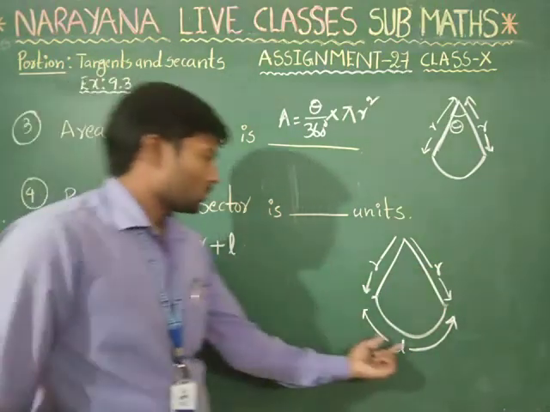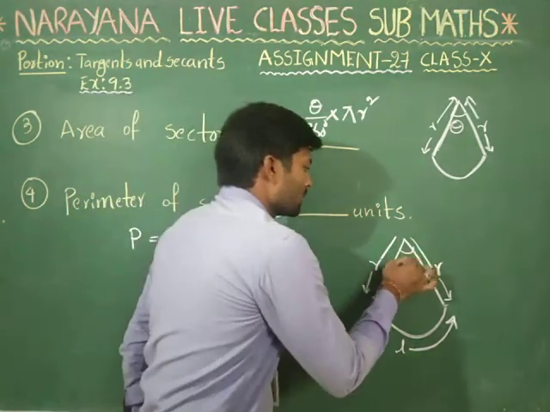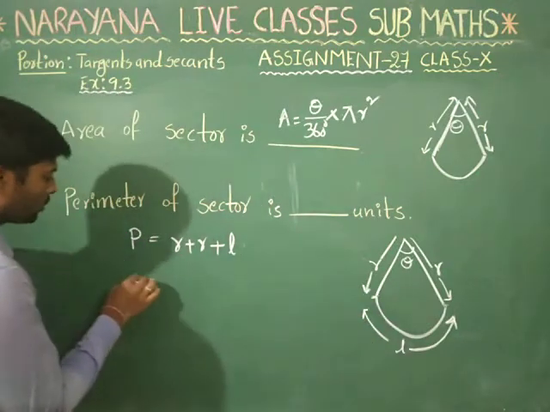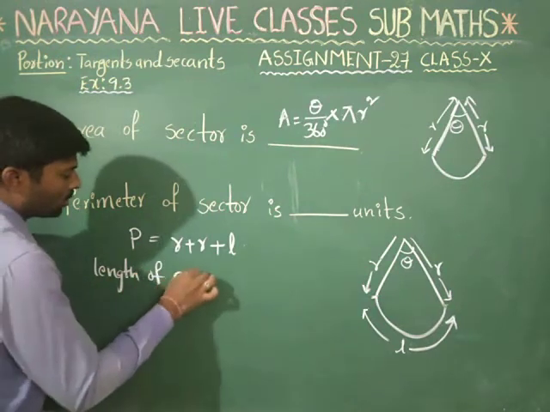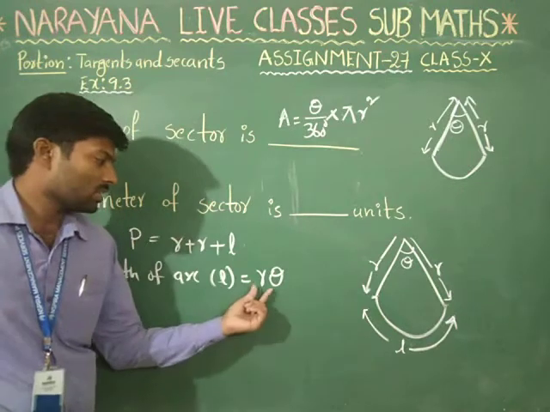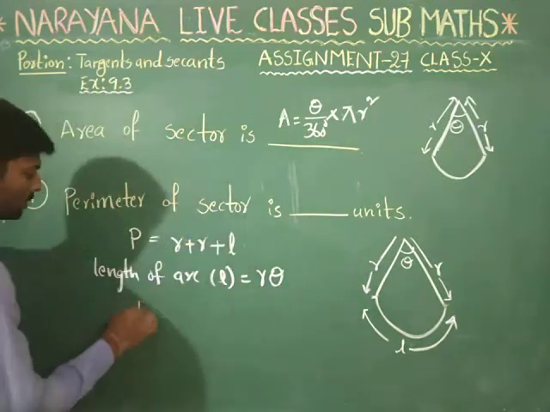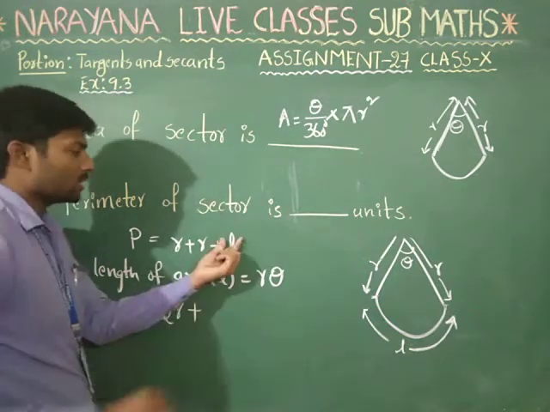So what is the relation between the length of the arc, the radius and the angle between those two radii? As we know, the length of the arc l is equal to r theta, where r is the radius of the circle and theta is the angle between those two. So replacing in the perimeter formula, r plus r will become 2r, and l is r theta.